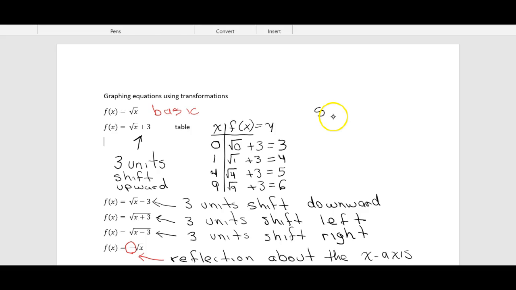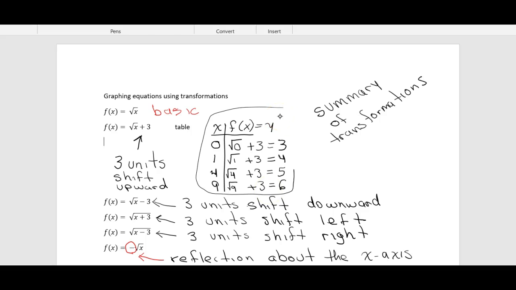So this one is a summary of transformations. Using the shifts, the understanding of how the units change the graph, how they move, because if we construct the table, it's very long. It takes too long of a time to be graphing for every single graph.